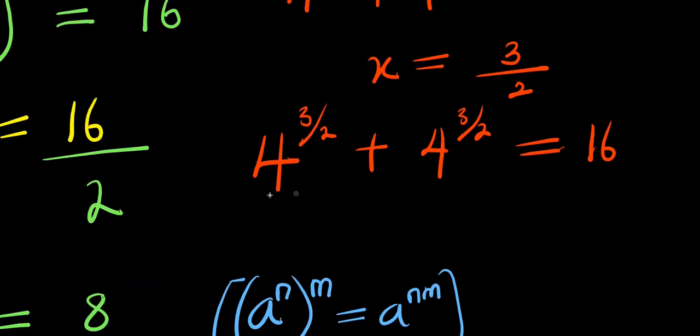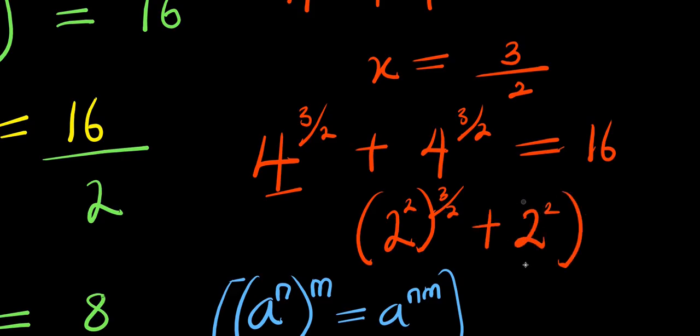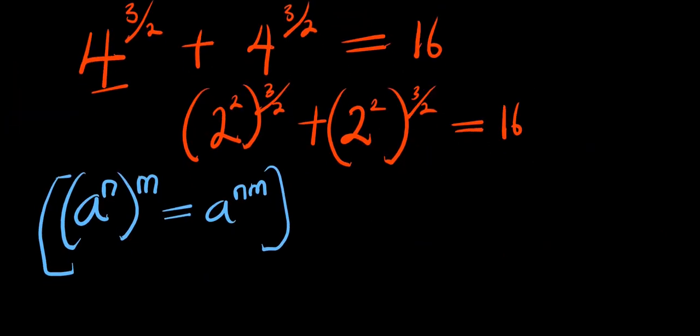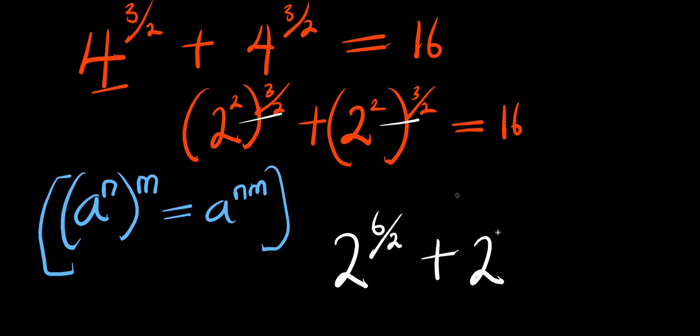From here, 4, I can express it as 2 power 2 raised to the power of 3 divided by 2 plus 2 power 2 raised to the power of 3 divided by 2 equals 16. From here, you can decide to multiply this exponent and this exponent. 2 times 3, that is 6. I have 2 power 6 divided by 2 plus 2 power 6 divided by 2 equals 16.